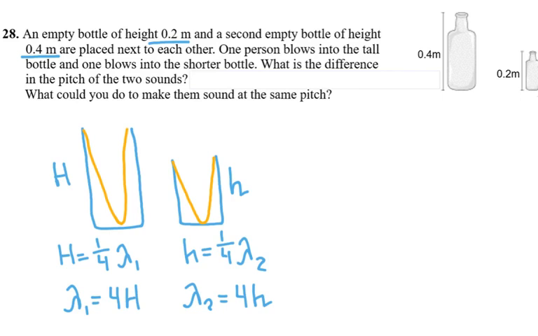And the frequency is the one that you hear. The conditions are the same. It's the same medium, the same air for both of them. So the frequency for the first one is equal to the velocity over 4H, and the frequency of the second one is equal to the velocity over 4h.